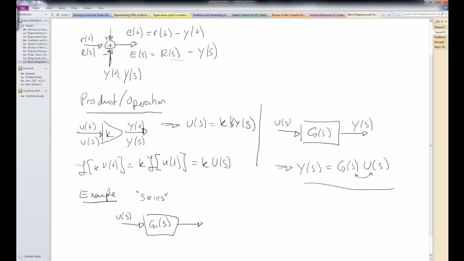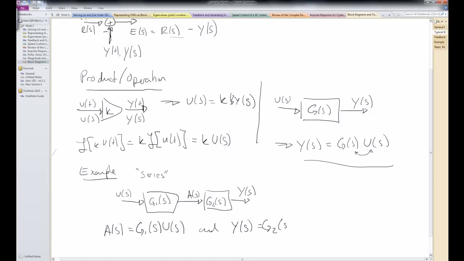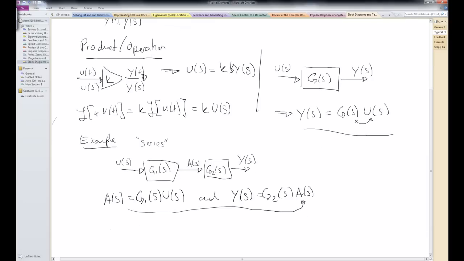And then multiplied, let's say call that A of S, and then that's multiplied by G2 of S, and that's then equal to Y of S. I can just apply the rules, and so now I have that A of S is equal to G1 of S times U of S, and I have Y of S is equal to G2 of S times A of S. So I substitute A of S into there, and I get that Y of S is just equal to G2 of S times G1 of S times U of S. All right, and a lot of times we can leave the S's off, to make our lives a little easier. So series is like multiplication, right?